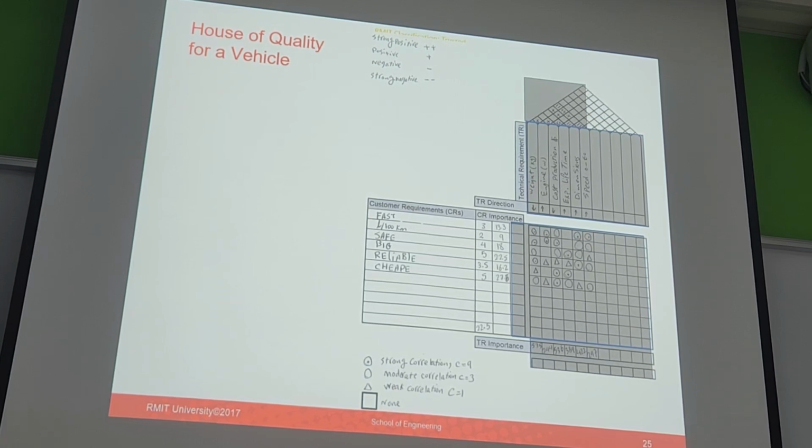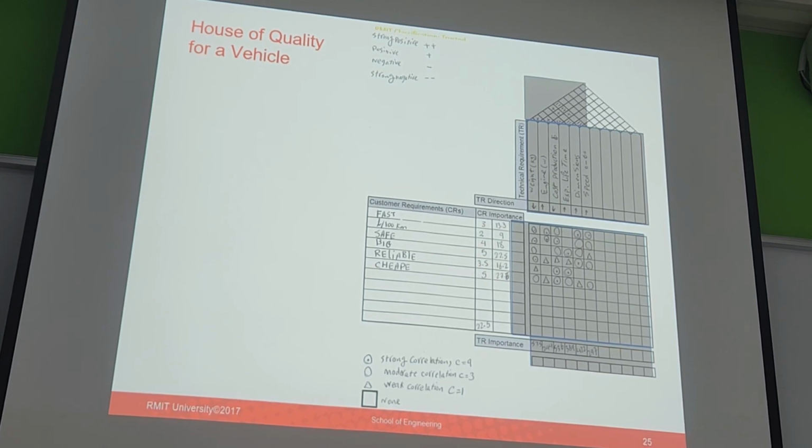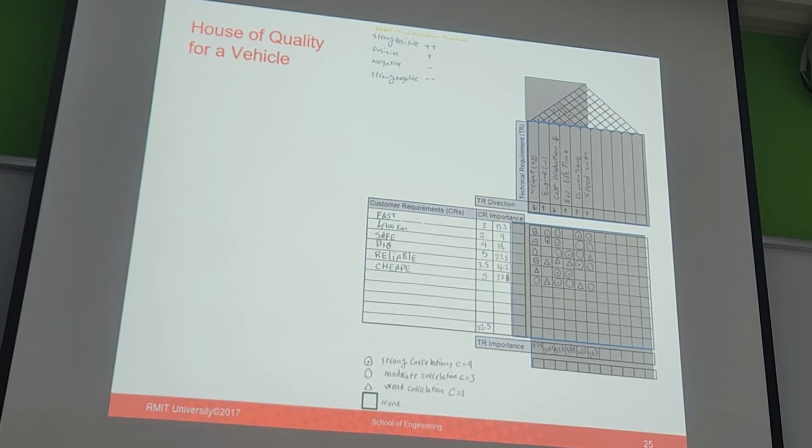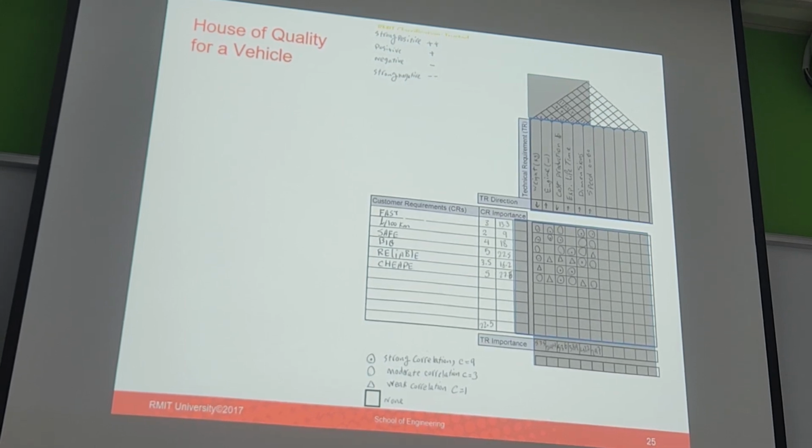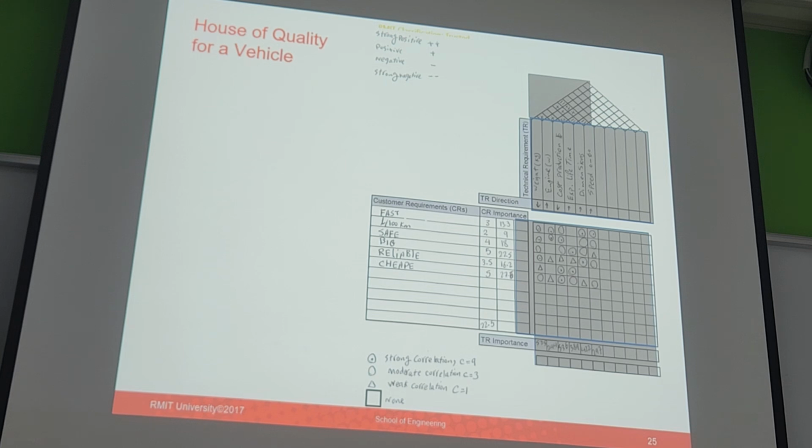From you, what does fast mean? Converted to mechanical, how can I make the car fast? Engine. Very good, engine. You have to say engine, it is the mechanical meaning of fast. Because I'm the customer, and a customer doesn't know about the engine and mechanical specifications, okay? The customer tells you cheap.